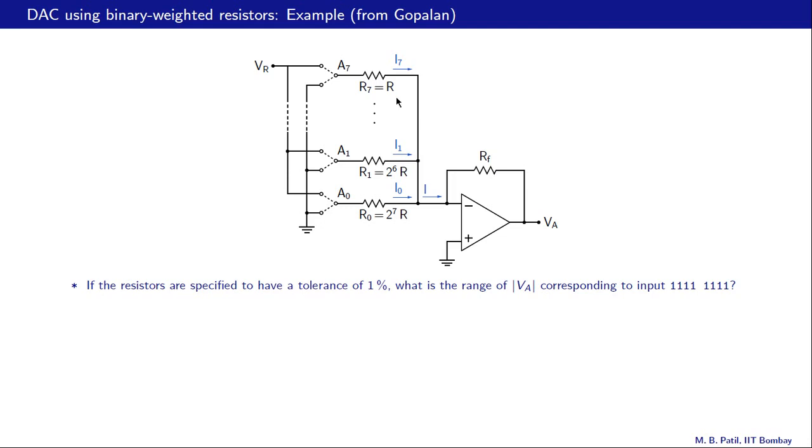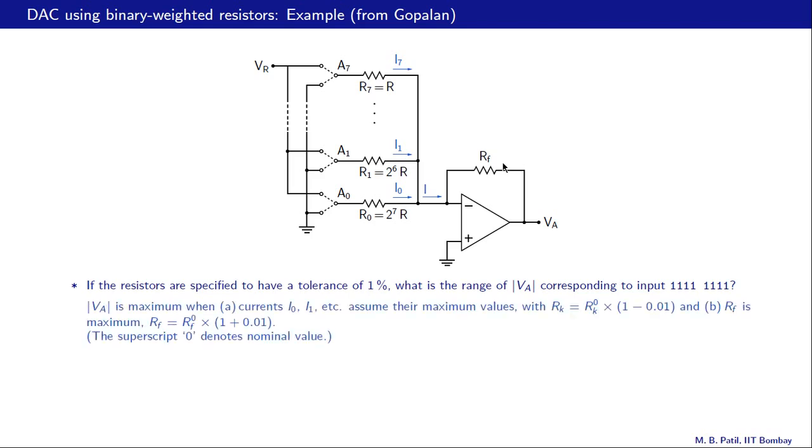Second condition is that this current, which is addition of all of these currents, now passes through this RF, and this RF times I should also take on its maximum value. That means RF should take its maximum value. Once we realize that, then it's straightforward to calculate VA max.